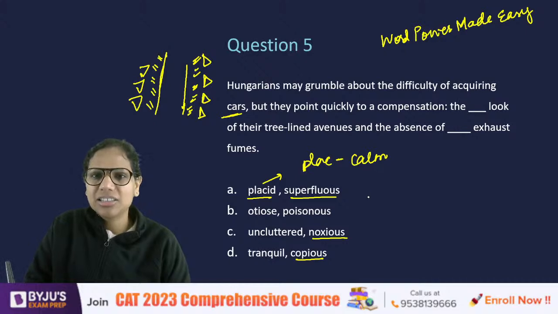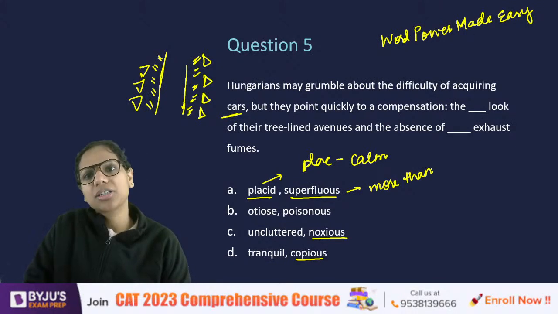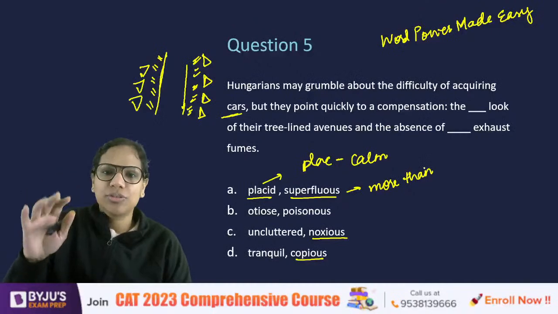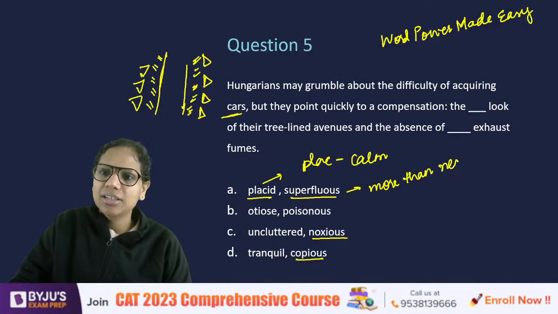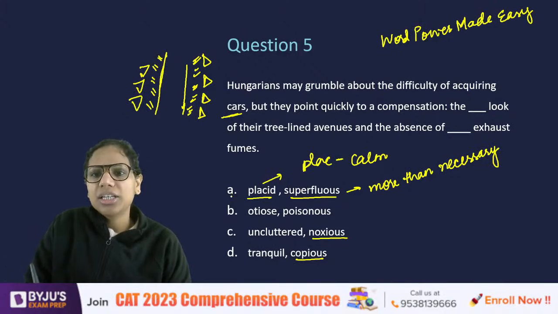Are they redundant? Superfluous means something that is more than necessary. Super, over, flu means flow. More than necessary. Okay. So I did not reject this outrightly, but I'll search for better words, particularly in the second blank.